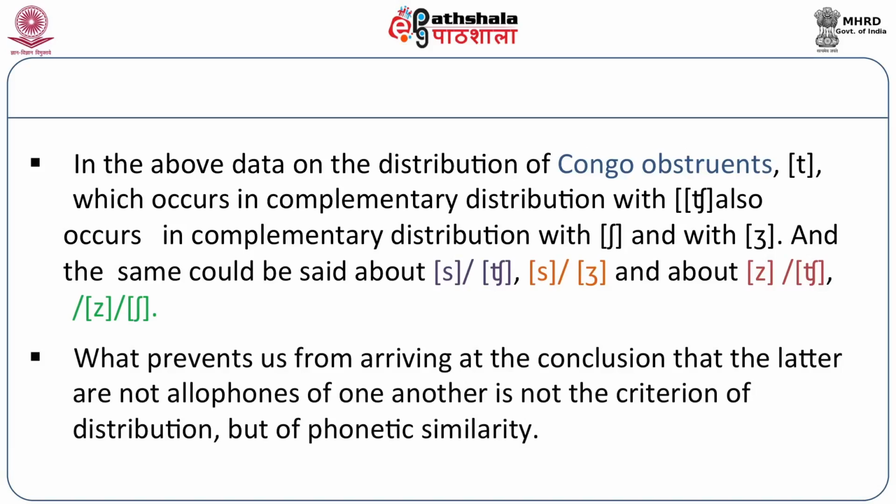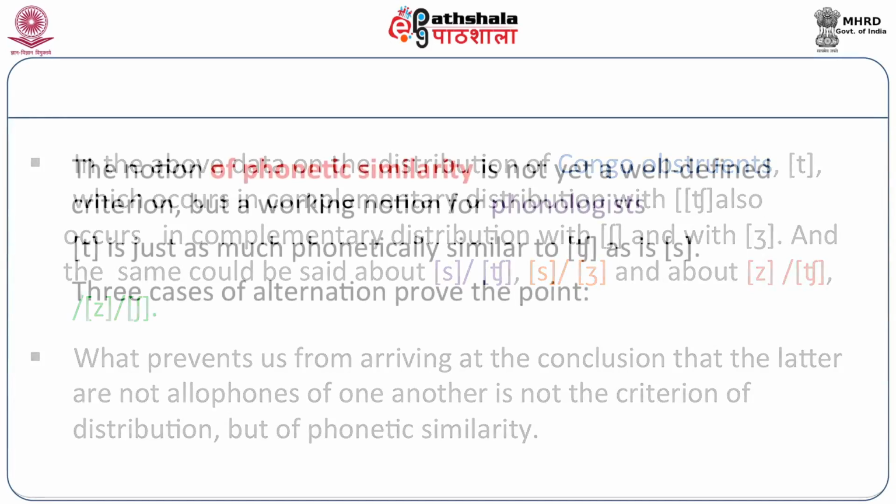How do we decide, however, that ch is the allophone of t and it is not sh which is an allophone of t? The notion that plays a crucial role here is that of phonetic similarity. The assumption is that ch is phonetically closer to t than sh is to t. Sh is closer to s and zh is closer to z. And that is how we assume that ch, sh and zh are allophones of t, s and z.